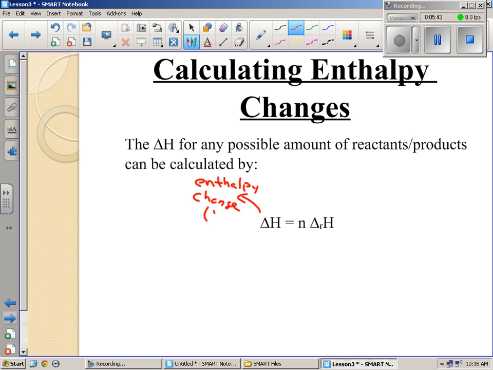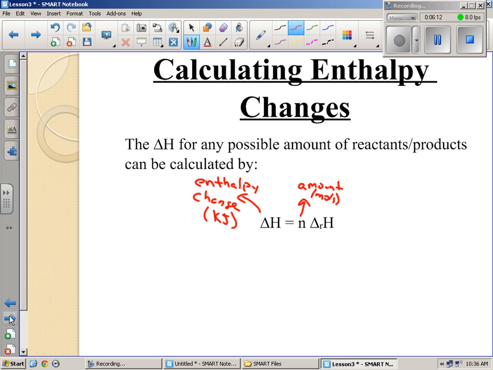This is always going to be measured in, by the way, kilojoules. Okay. And of course, you guys know that's the amount you have, and that's in moles. And delta RH is something we would call, we've seen delta RH before, we've seen delta CH, delta DH, delta FH, delta neutralization H, if you want.